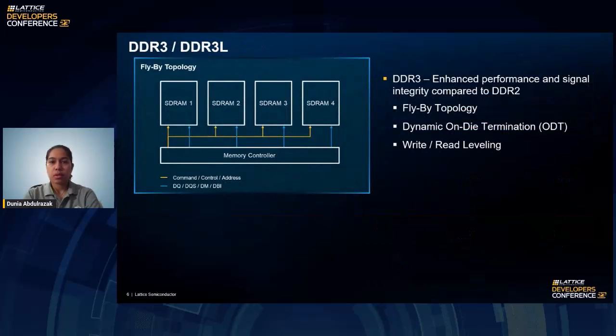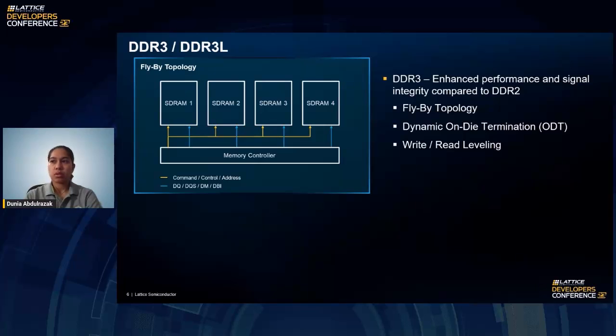On this slide, we'll compare DDR3 to its previous generation of DDR2. DDR3 introduced new features such as flyby topology, dynamic on-die termination, and write leveling to enhance performance and signal integrity. In the figure shown here, you can see a depiction of what flyby topology refers to in terms of layout and routing.